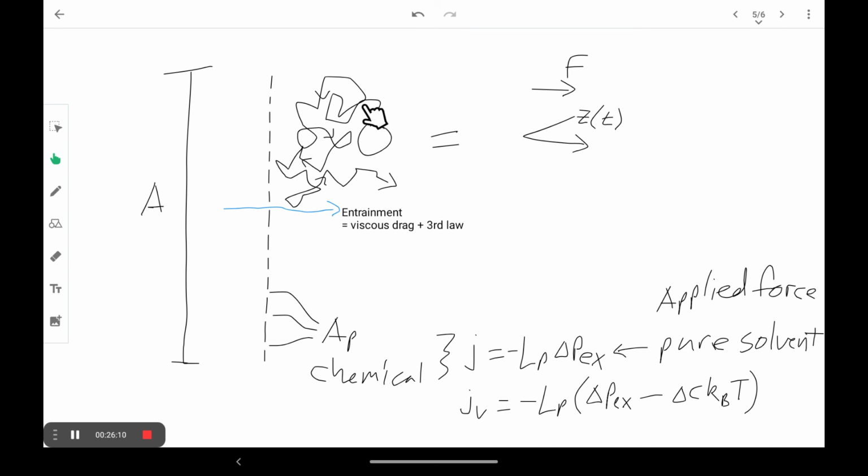You can imagine a molecule here just diffusing around under thermal energy, and it can go anywhere, but eventually it'll approach this wall. But that wall says no, and it bounces off that wall. And as it bounces off that wall, it drags fluid through it. That's called entrainment, and that's because of that viscous drag we talked about, which is connected to the third law.